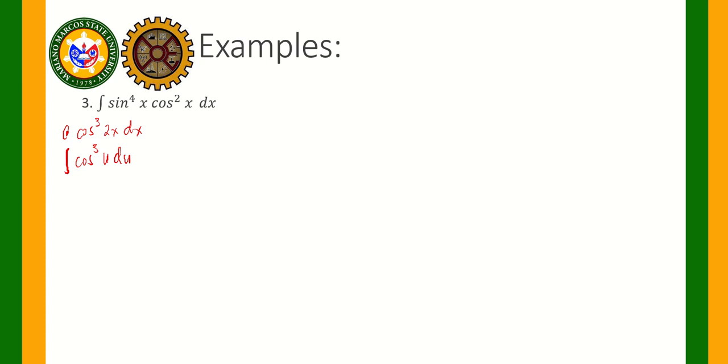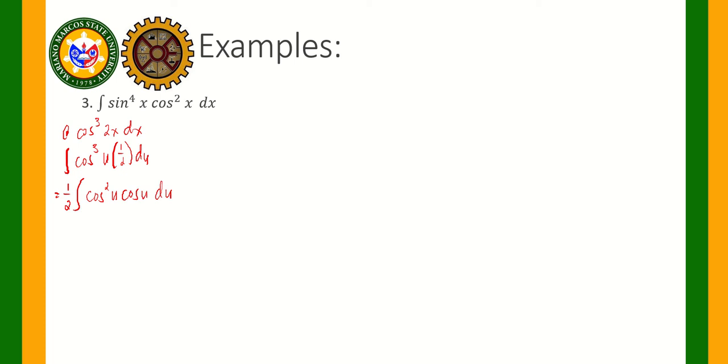So, what we will do is to break down yung cosine cube u natin. I forgot, yung dx pala natin is 1/2 du. So, isolate natin si constant and then i-break down natin tong cosine cube u natin. So, cosine squared u times cosine u du.